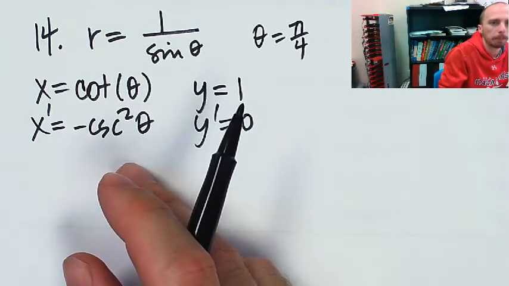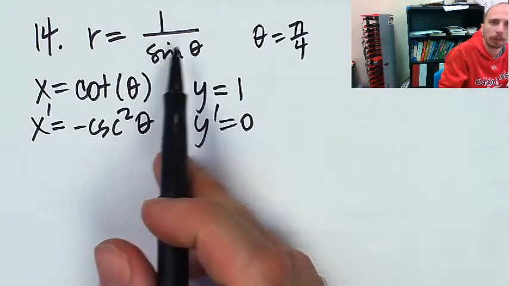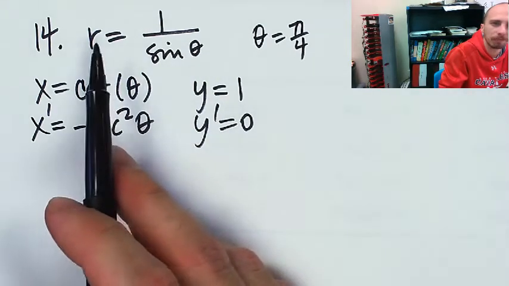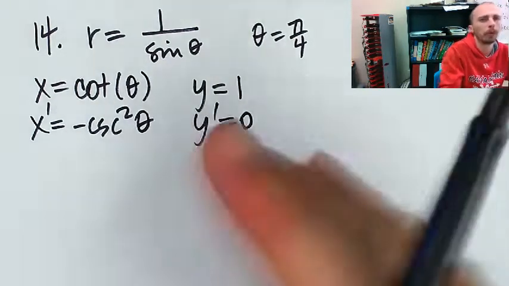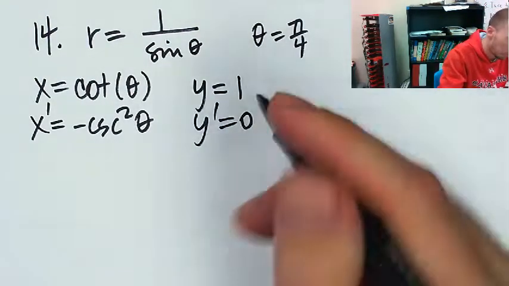Okay, that's interesting. What about when sine theta equals 0? I guess r is not existing there, but otherwise it's the line y equals 1. So it's y equals 1 with a bunch of holes in it, which I never thought about.